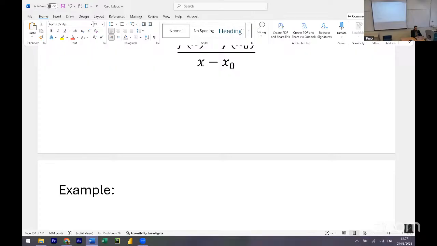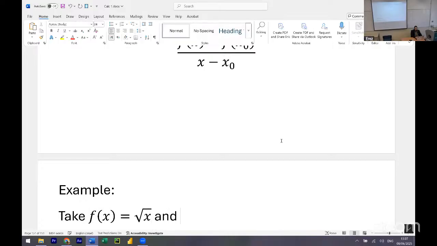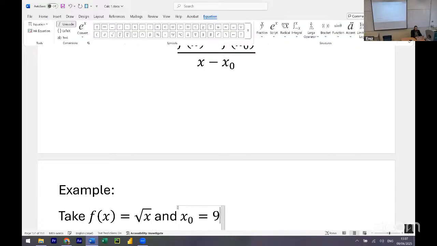Take f of x to be the square root of x, and x0 to be 9.